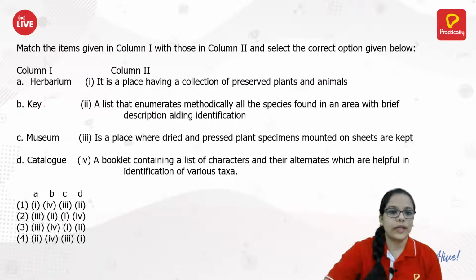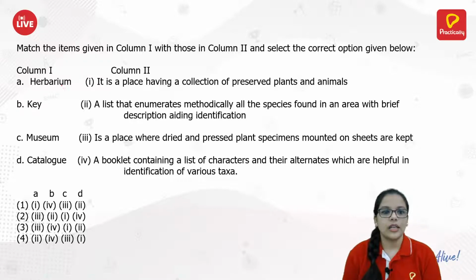Next. Big question: herbarium, key, museum, catalog. Very easy. Herbarium is a place where dried and pressed plant specimens are mounted on sheets and kept. Key is a booklet containing characters and alternates which are helpful in identification of various taxa.